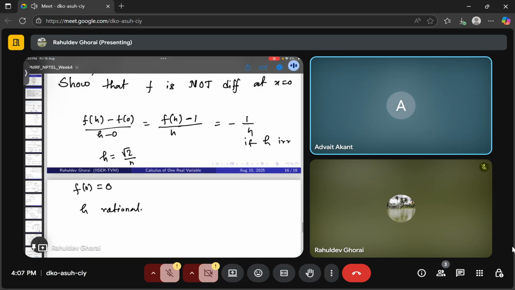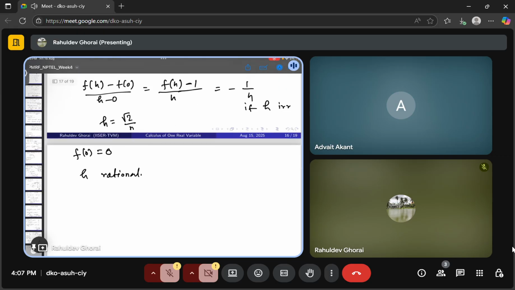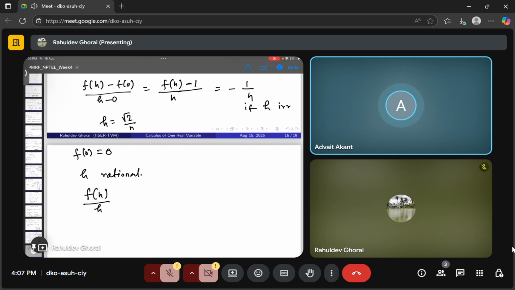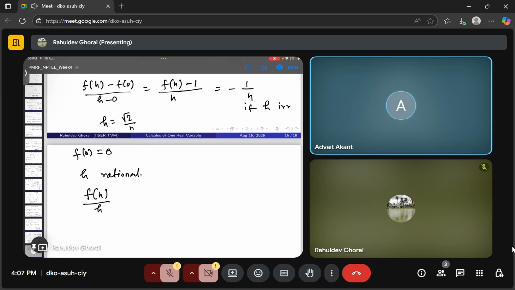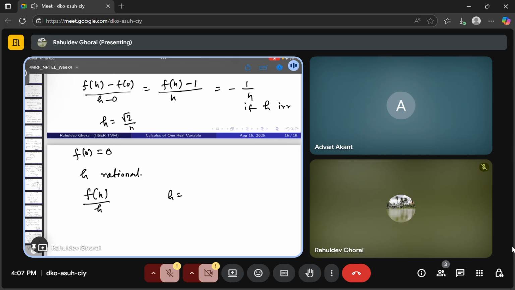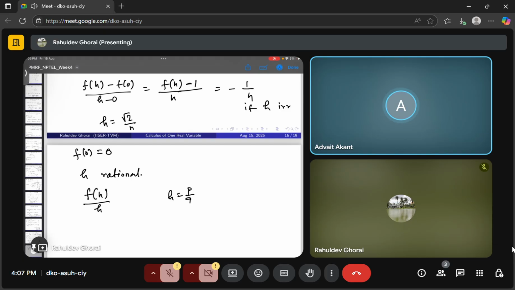Now, what about this f(h) minus f(0) over h? That will again be f(h) over h. So let h be p by q, where gcd of p and q is 1 and q is a natural number.